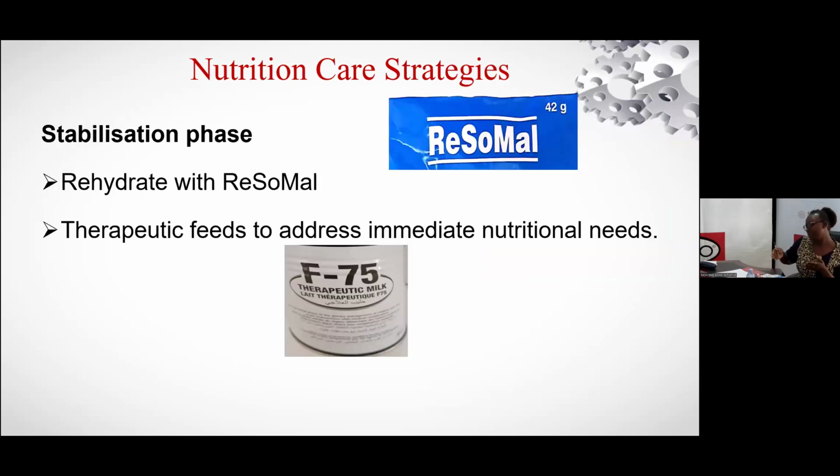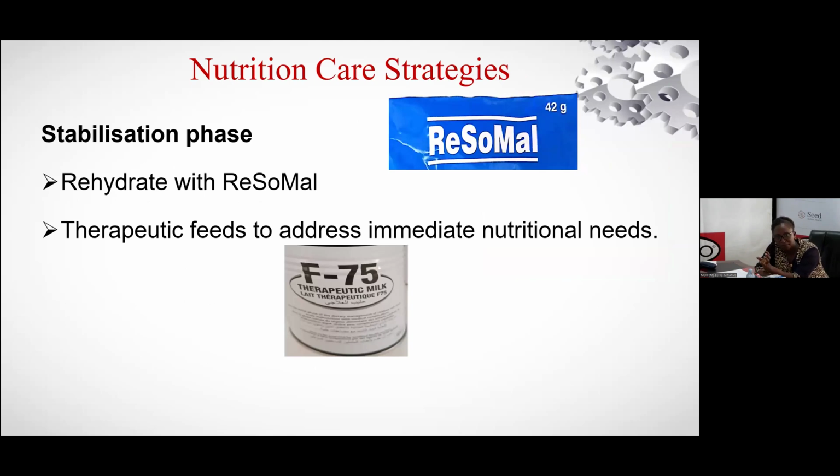So when we go back now to the nutrition care strategies, we are going to manage these children in different phases of management. We have the stabilization phase, which is our first phase in management. This is the phase immediately after they come in from the emergency unit, like Dr. Kobel said.